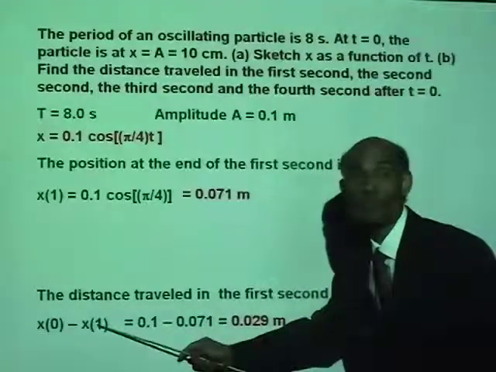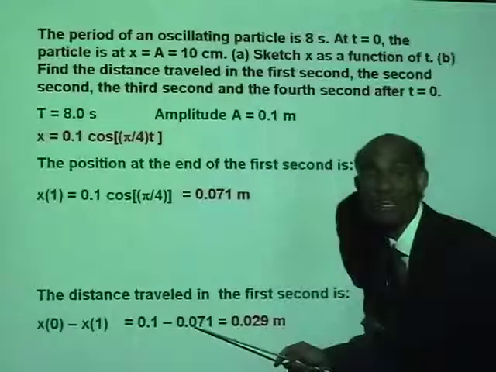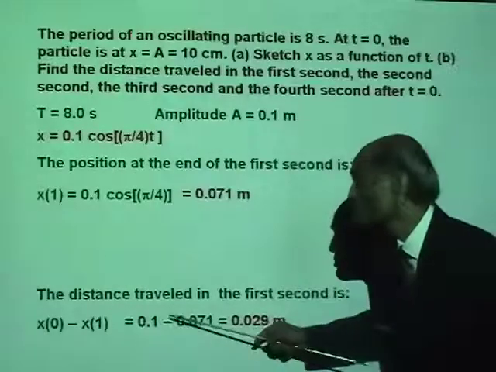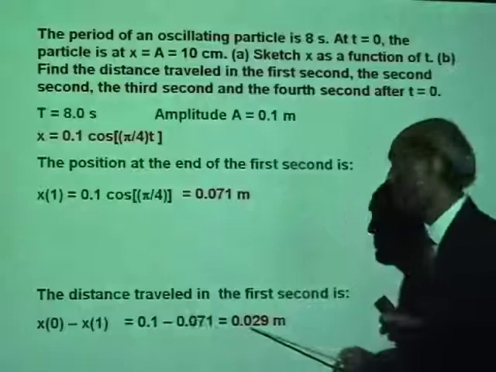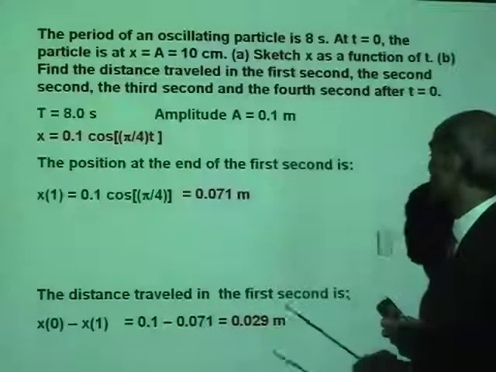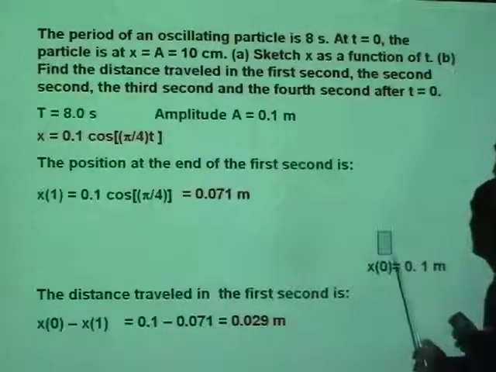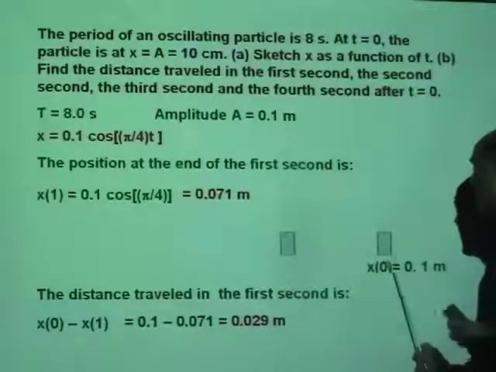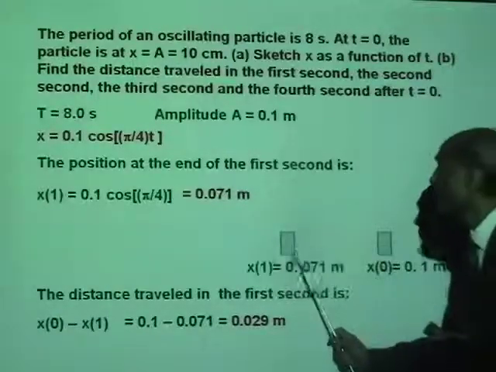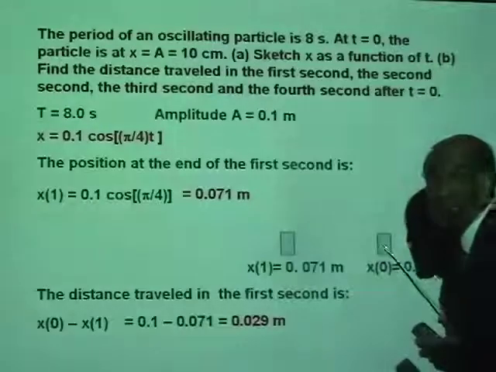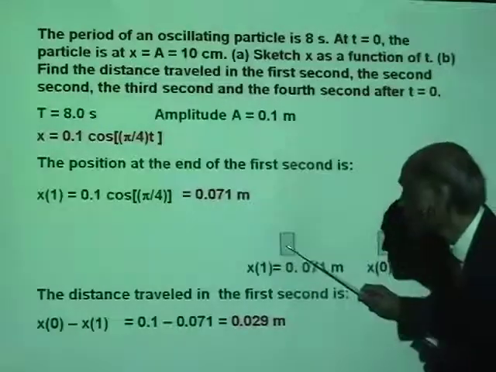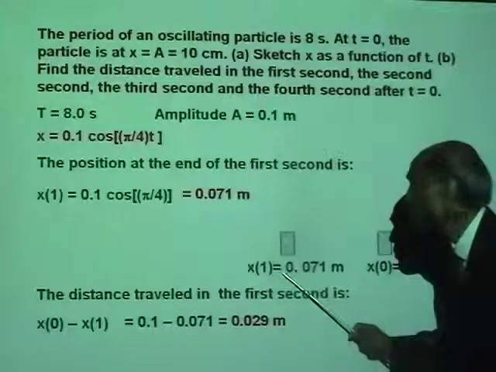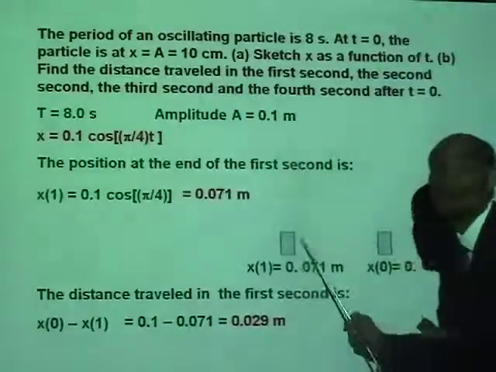At the end of the first second, it is at this x value. Therefore, the distance traveled in that time is 0.029. This is where the object is at t equal to 0, at 0.1 meter. After 1 second, the object moved over here. Its position is 0.071.